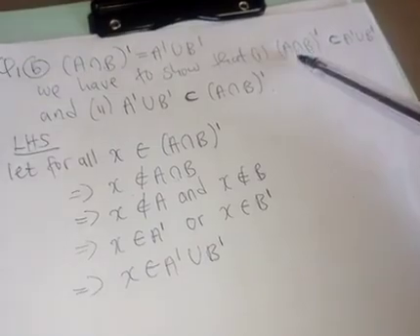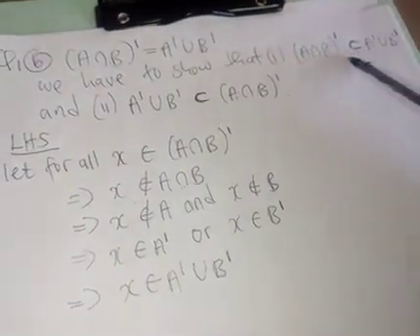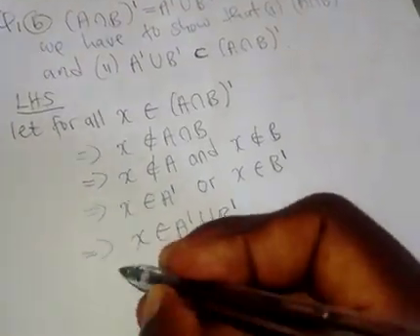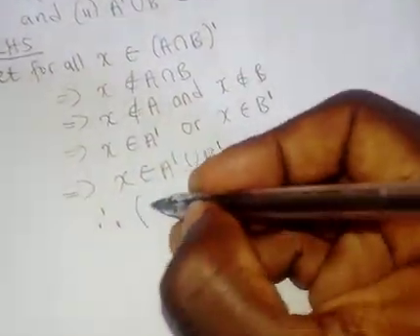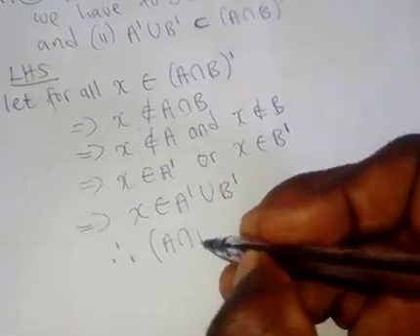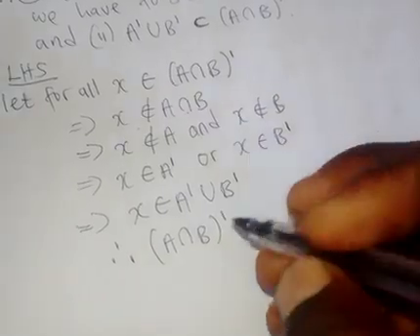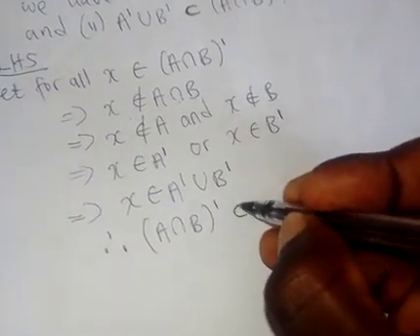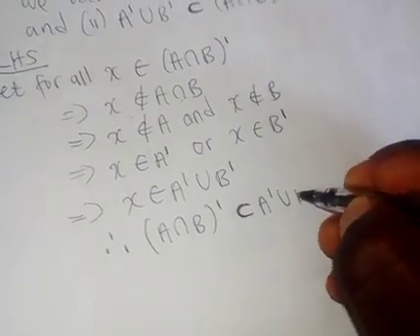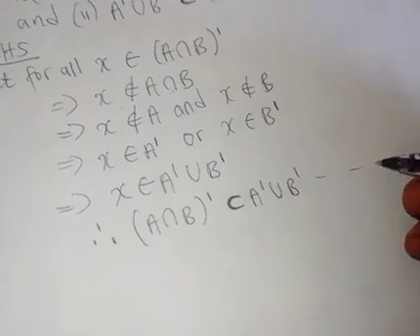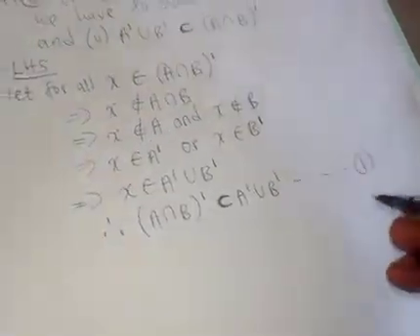At this point, you can say we have proven the first statement there. So we say therefore we have moved from A intersect B complement, is a subset of A complement union B complement. You say this is your first statement.